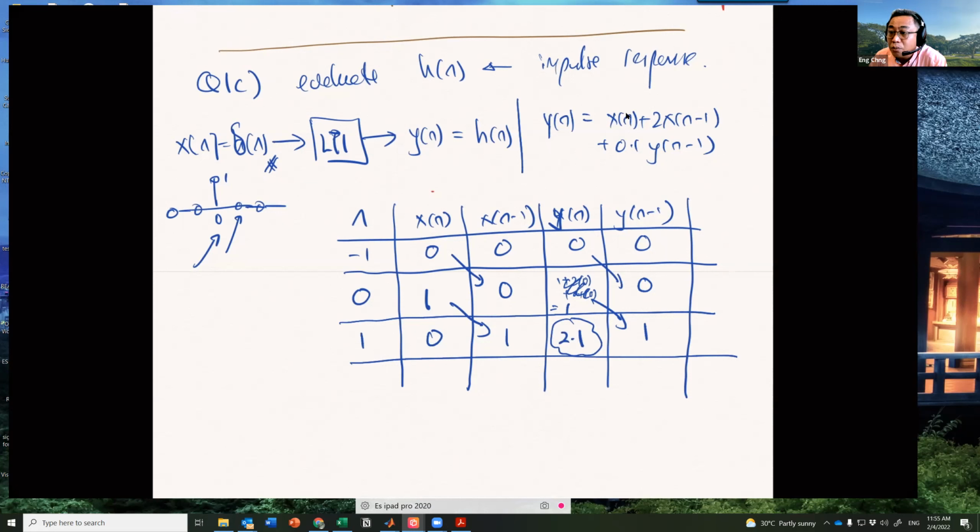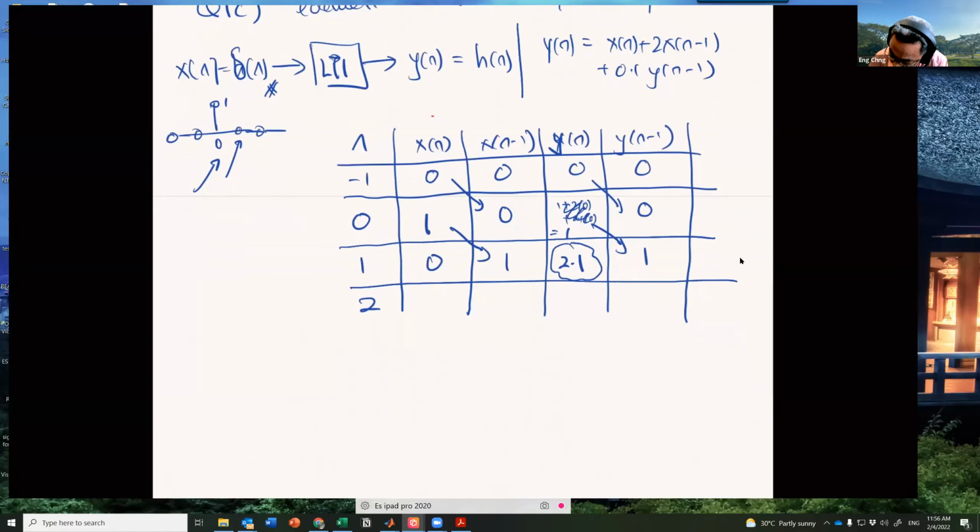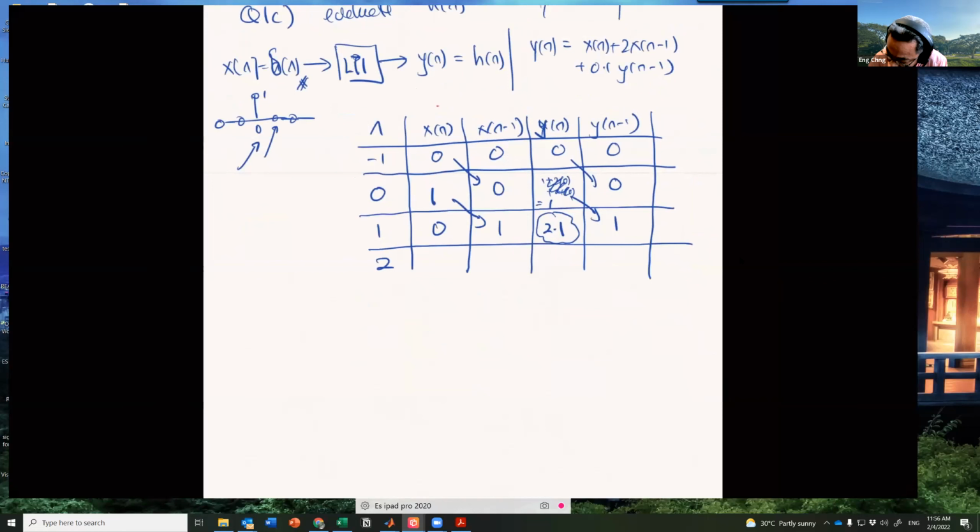Okay, everybody can see 2.1? x of n is 0, but 2 times 1 is 2, plus 0.1 times 1 is 0.1. So 2 plus 0.1 is 2.1. It's very boring, okay, guys? And so this is 2.1.